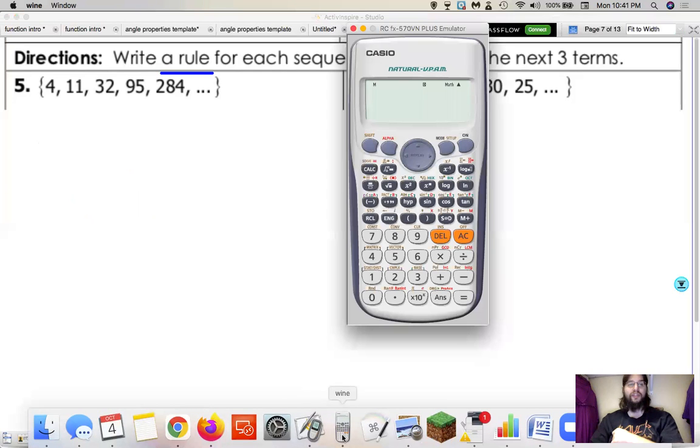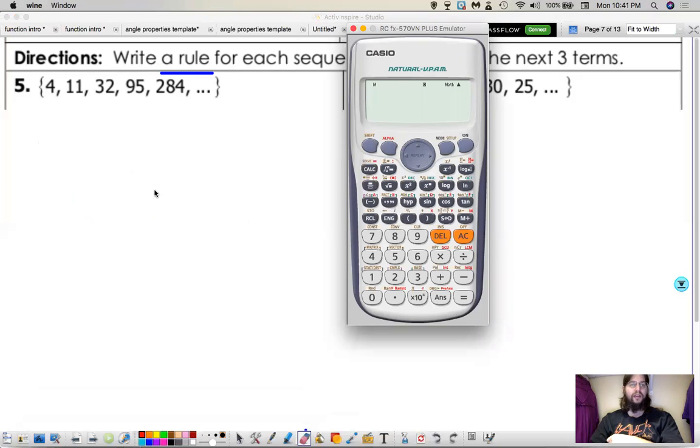This is all about, can you see the pattern? Let's double it and add 3. That gives me 11. What if I do 11? Nope. Triple it and subtract 1. So I'm just playing around trying to figure out what the pattern is.